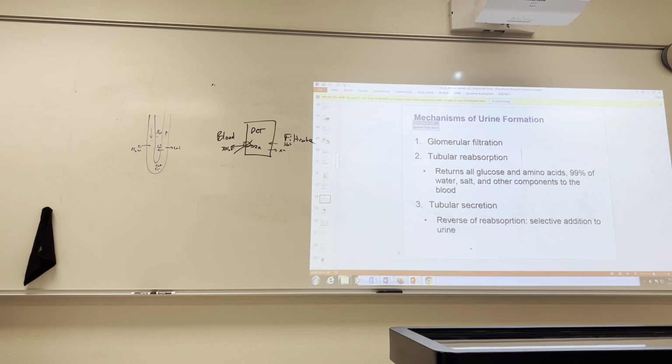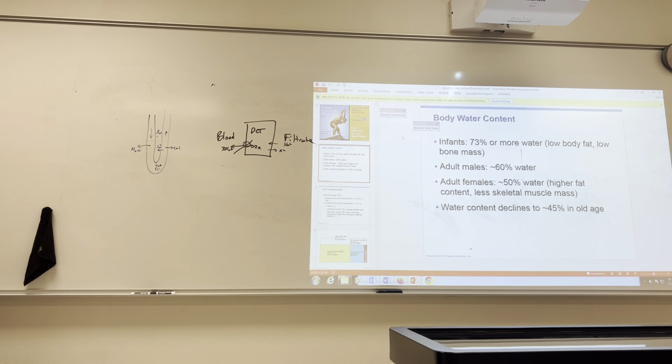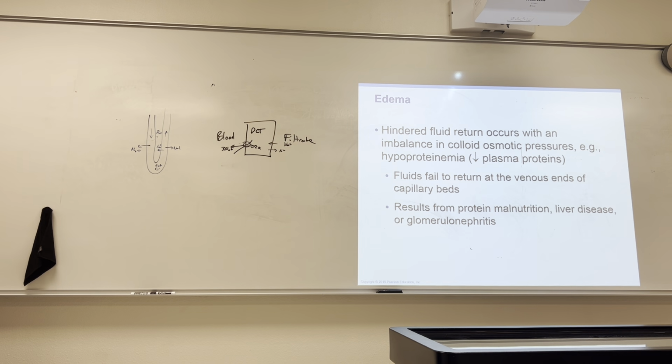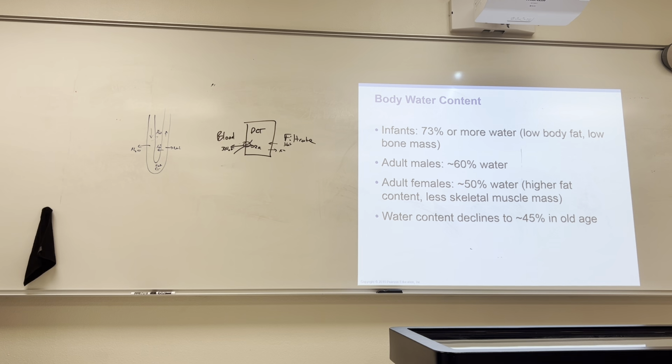Alright, so now we need to talk about some fluid stuff before we head out. So, fluids. Babies are bringing in lots of liquid. They're losing lots of liquid. Babies are about 75-ish% water. They're squishy. Old people dry out. You've seen this.